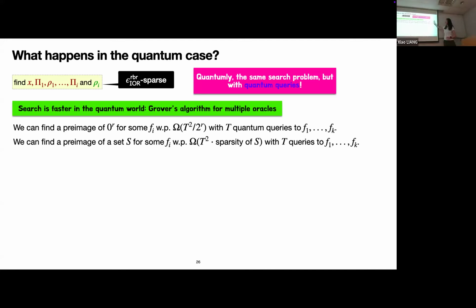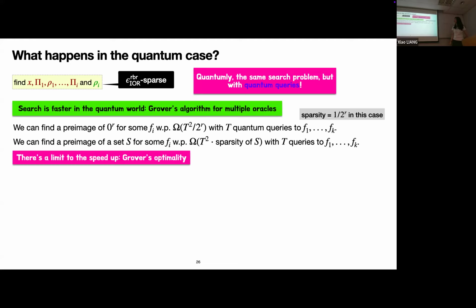Actually, it's also true if you want to find the preimage of a set S. Grover's algorithm can do this with probability at least t squared times the sparsity of S. The first version is just a specific case of this, where you set sparsity to 1 over 2 to the r.